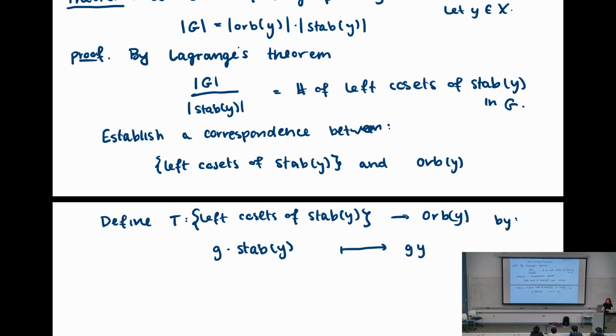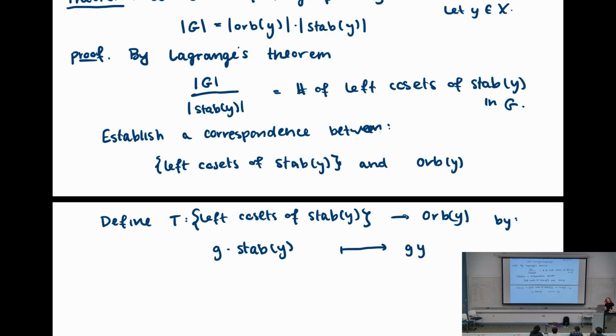So if I have a coset, we know that it was obtained by multiplying by some element G of the group. So let's say it looks like G times Stab Y. Then I'm going to send that to G times Y, which is an element in the orbit of Y.